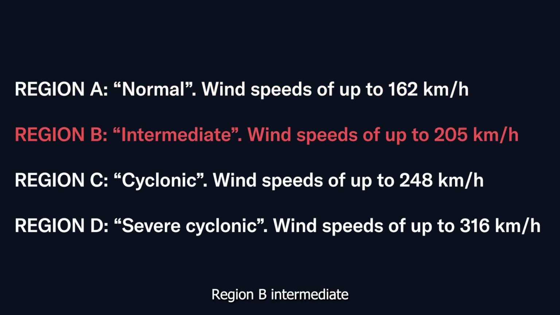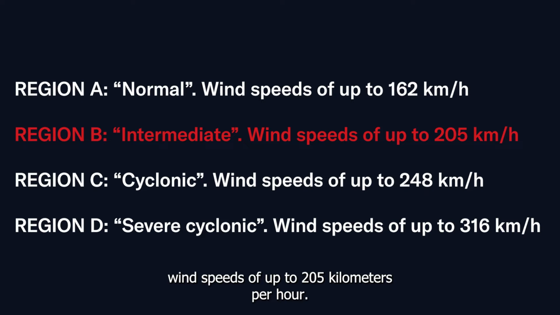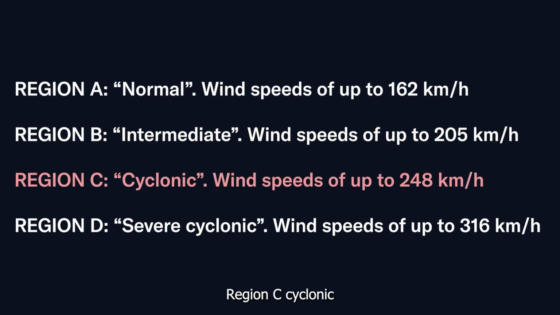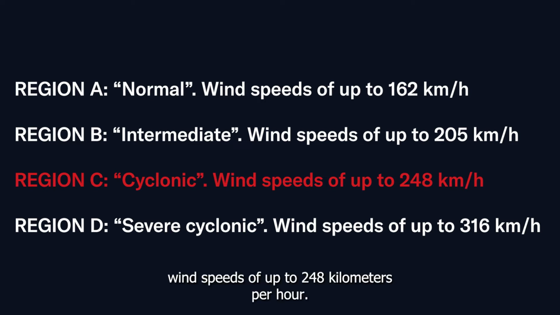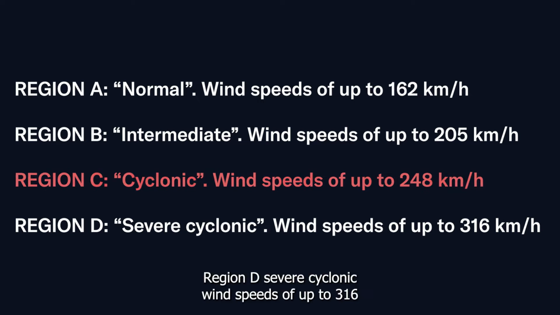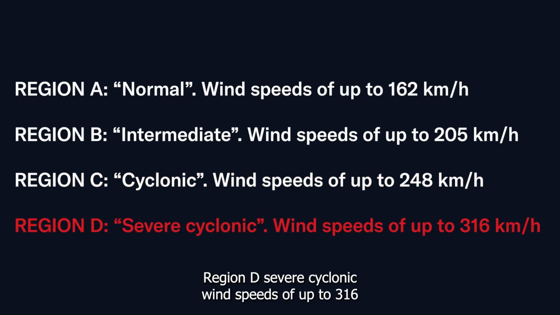Region B, intermediate, wind speeds of up to 205 kilometres per hour. Region C, cyclonic, wind speeds of up to 248 kilometres per hour. Region D, severe cyclonic, wind speeds of up to 316 kilometres per hour.